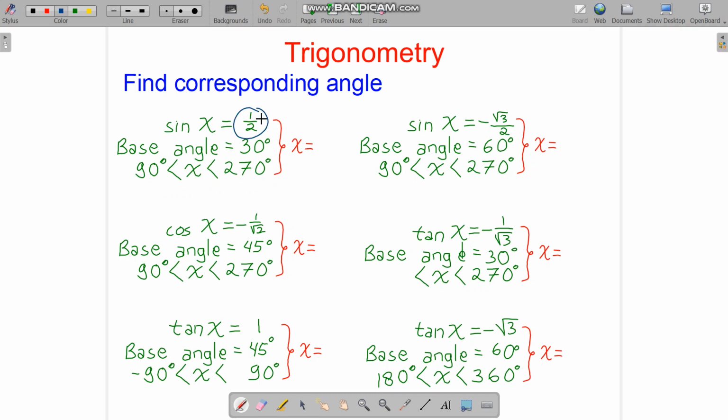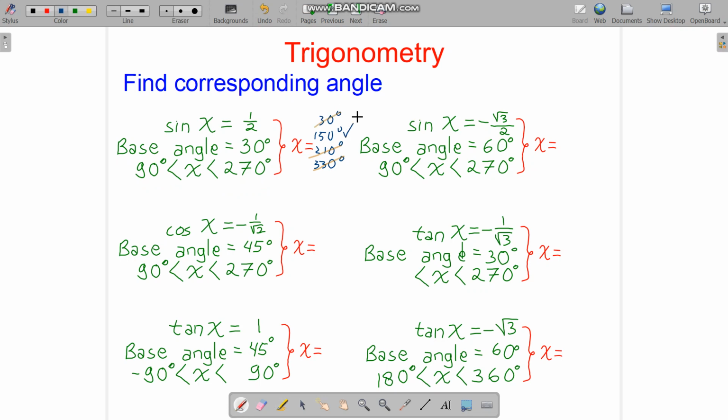Okay, so for positive 30 degrees, the quadrant 1 angle is 30 degrees, quadrant 2 angle 180 minus 30, quadrant 3 angle 180 plus 30, and quadrant 4 angle 360 minus 30. But since it's got to be positive 1/2, we can eliminate quadrant 3 and quadrant 4. And since it's got to be between 90 and 270, therefore we can eliminate the 30.